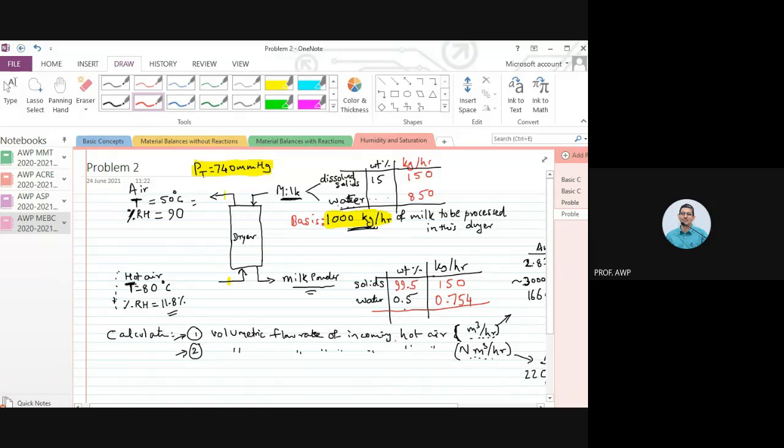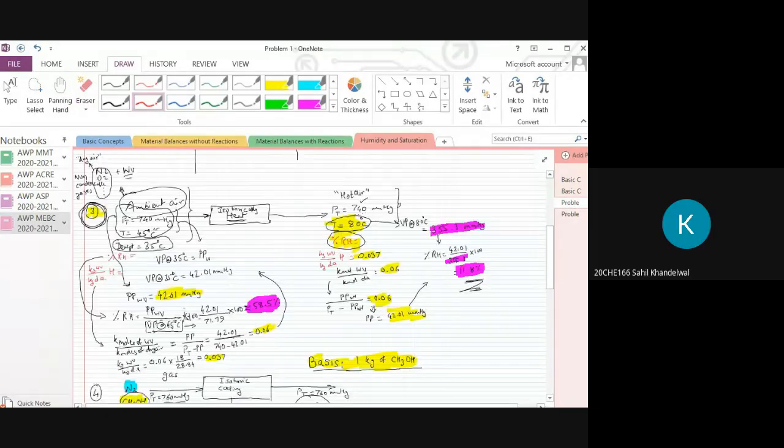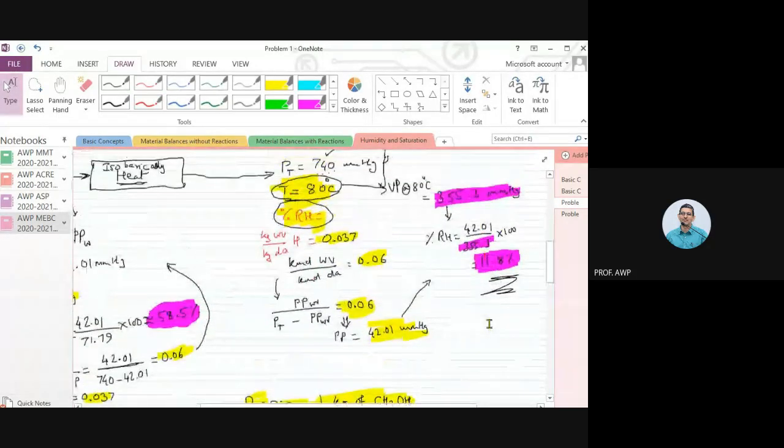Sir, I found the vapor pressure. At what temperature? At 80 degrees. Okay, that we already found in the previous problem, right? Yes, sir. Vapor pressure at 80 degrees we had already found. It was 355.3 mmHg, isn't it?